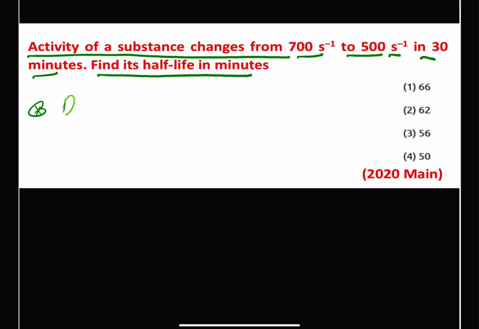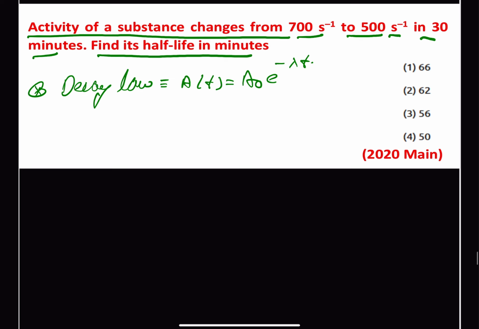So we can say our decay law states that the activity at a time t will be equal to the initial activity A0 e raised to the power minus lambda t, and we can find their ratio. So A of t upon A0 will be equal to e raised to the power minus lambda t.